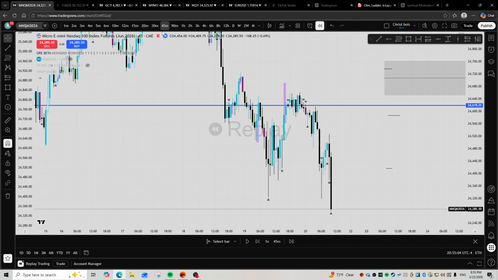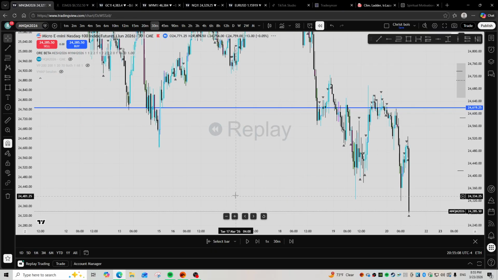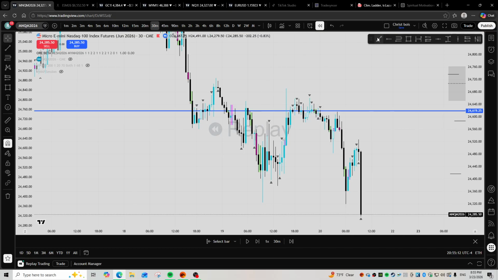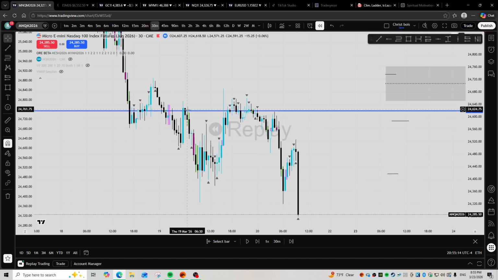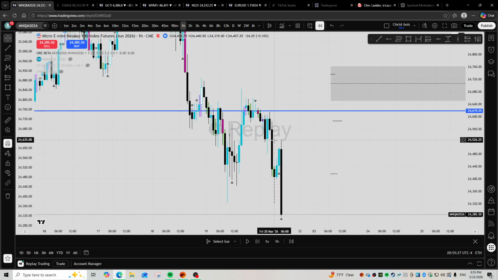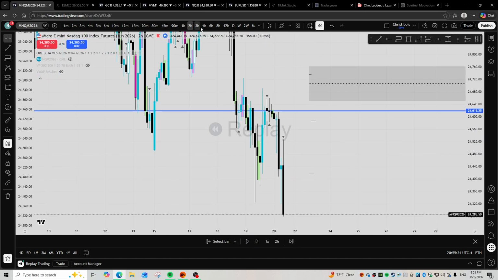I've been over this already. I don't know if I posted the video actually, my bad. But regardless, we were in this 30-minute range here, and it became an order block. So at 9 a.m. here, price had become this FRT low, swing low, fair value gap, all the good stuff that we see here.